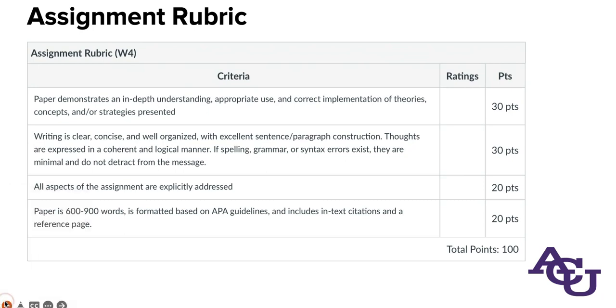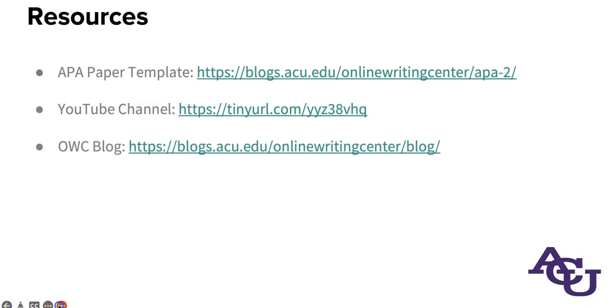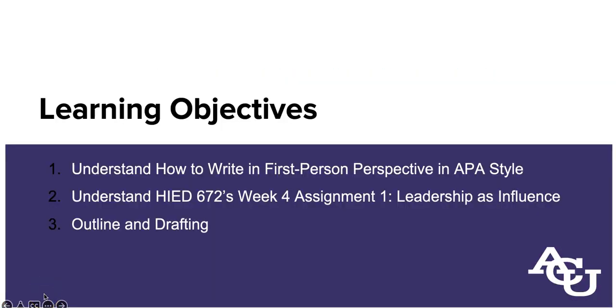All right, let's do a quick recap of what we talked about today. We began with the discussion of first-person perspective in APA style, what's allowed, what's encouraged, when it's appropriate, and some examples of phrasing. We discussed the specific assignment from HIED 672, the Week 4 Assignment 1, Leadership as Influence, and how the requirements for this assignment were listed both in general instructions and also clarified in the rubric.